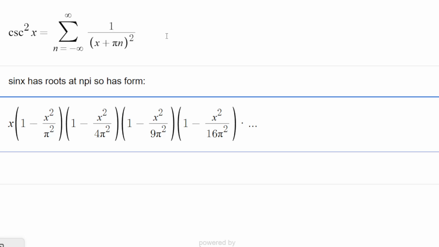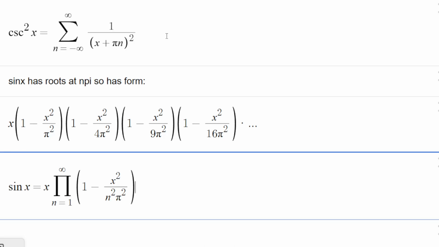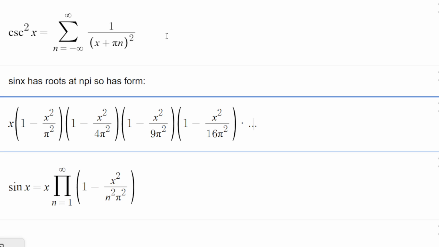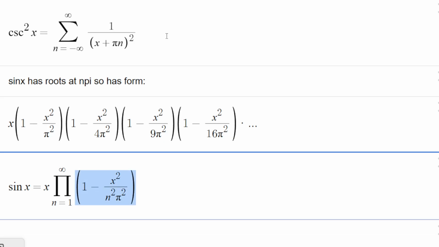So if we follow this pattern out, we can see that sine x is equal to our first term here, x, and now we represent the rest as an infinite product, that product being the product of all of these a sub n terms.